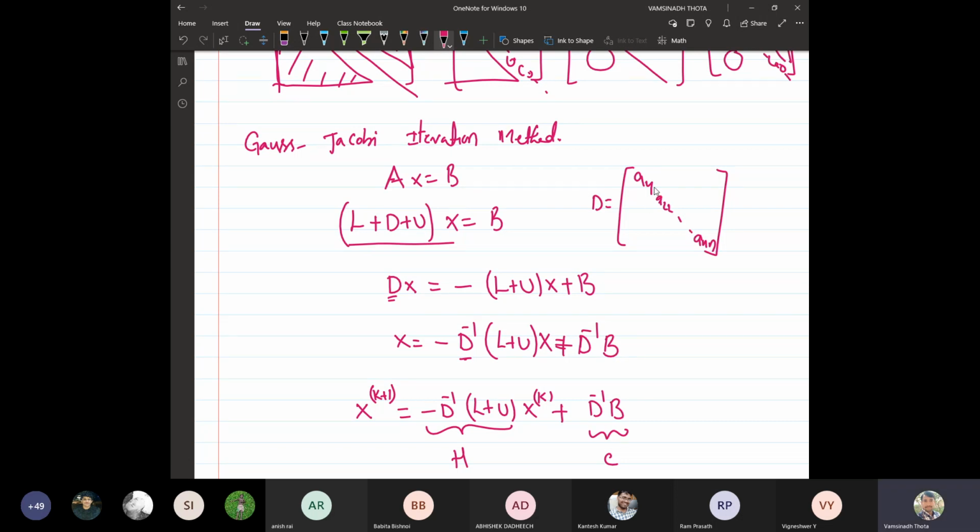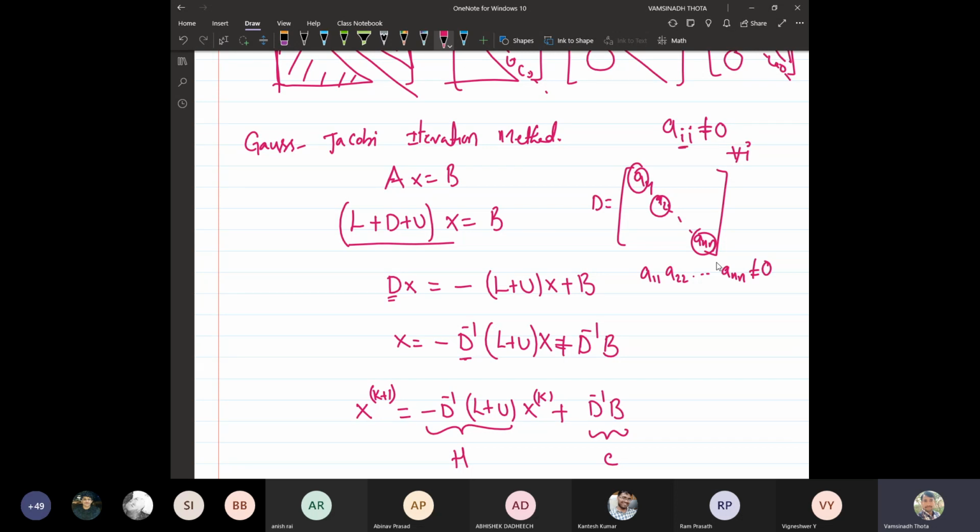Diagonal element should not be zero, sir. What is the condition for the existence of D inverse, where D is a diagonal matrix? What is the determinant of a diagonal matrix? It is the product of the diagonal entries. The product should not be equal to 0. That is a11 times a22 times, and so on, ann should not be equal to 0, which means that none of the diagonal entries should be 0. aii should not be equal to 0 for all i.